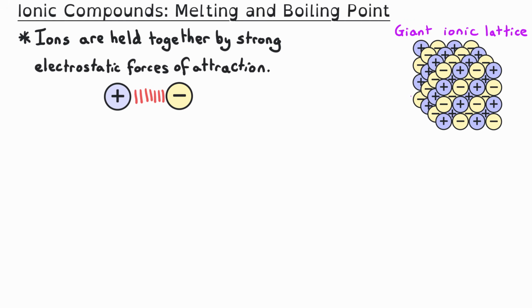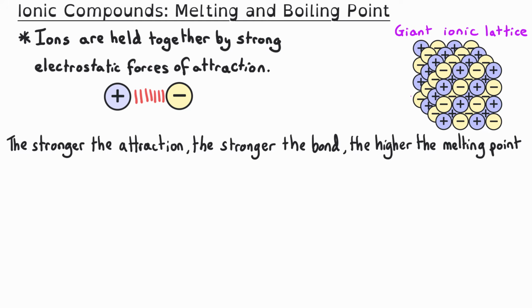Ions are held together in the ionic lattice by strong electrostatic forces of attraction, and in some ionic compounds the attractive forces will be stronger than in others. In general, the stronger the force of attraction between ions, the stronger the ionic bond, and the higher the melting point or boiling point of a compound.